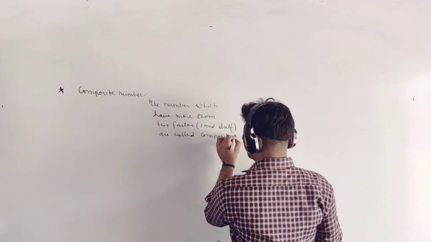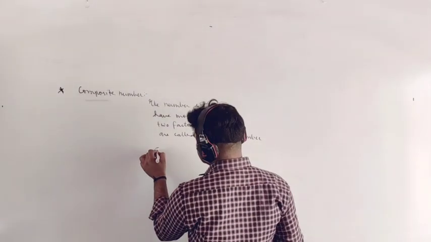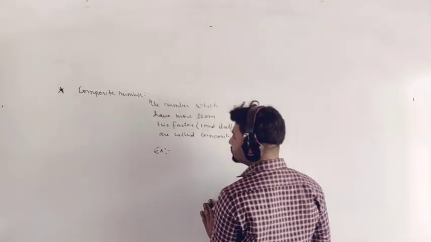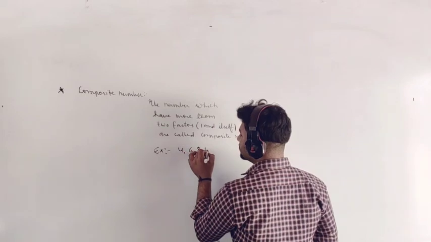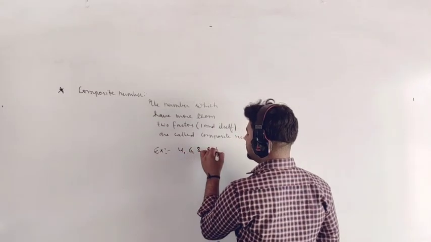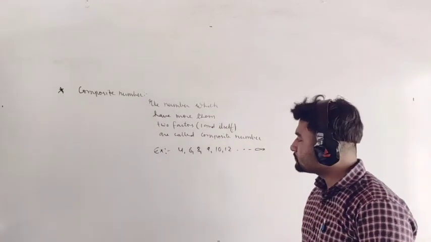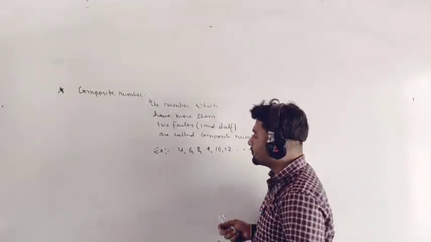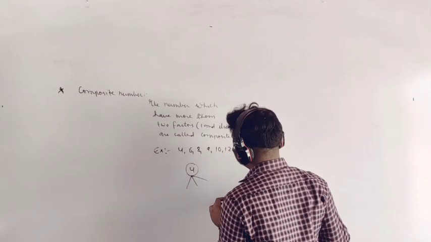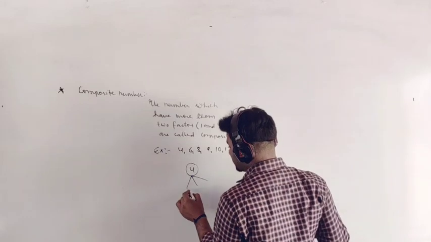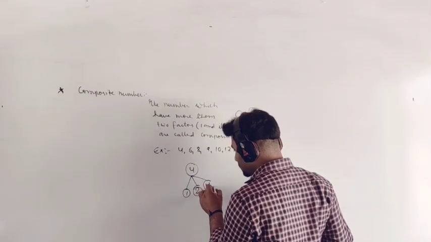Numbers which have more than two factors are called composite numbers, like 4, 6, 8, 9, 10, 12, that is infinite. 4 is a composite number because 4 has more than two factors: 1 is a factor of 4, 2 is a factor of 4, and 4 is also a factor of 4.